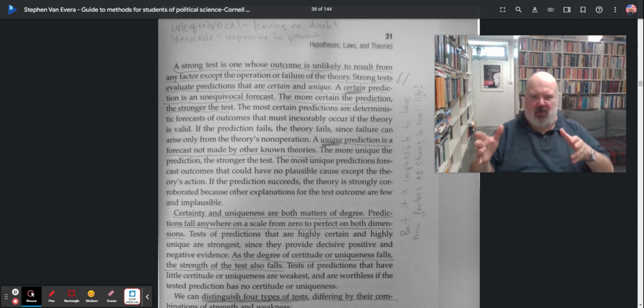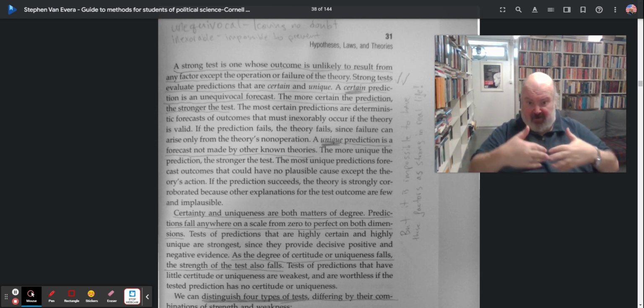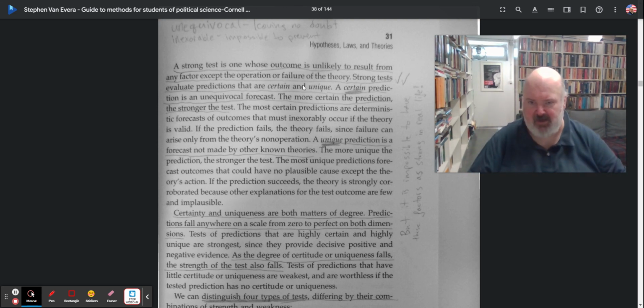A strong test is a test whose result can come from no other factor except the operation or failure of the theory. Strong tests evaluate predictions that are certain and unique.